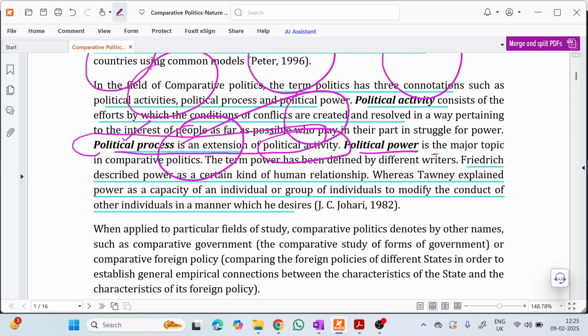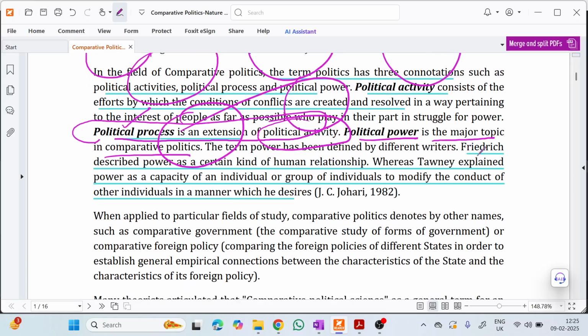Then political power is the major topic in comparative politics, and it has been defined in various ways. One such writer, Friedrich, described power as a certain kind of human relationship, whereas another political scientist, Tony, explained power as a capacity of an individual or a group of individuals to modify the conduct of other individuals in a way he desires.